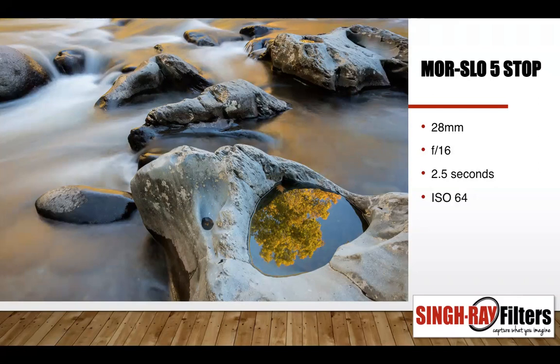But generally with ice, it depends on what kind of ice it is: if it's floating on the water and drifting across, or if it's just static ice. If it's just static ice, you don't really need an ND filter to get the reflection. The ND filter was really used here just because the water was moving, so I wanted to get that smoothness, bring more color into it, and have less texture in the water. That's the reason the ND filter was used in this case.